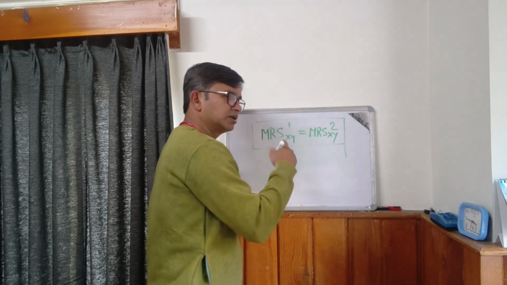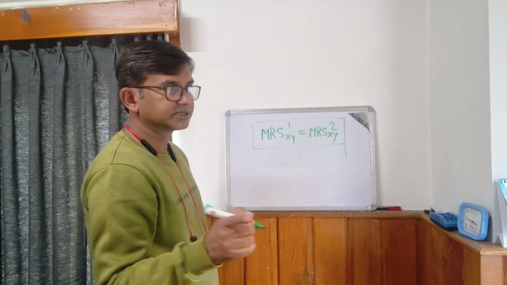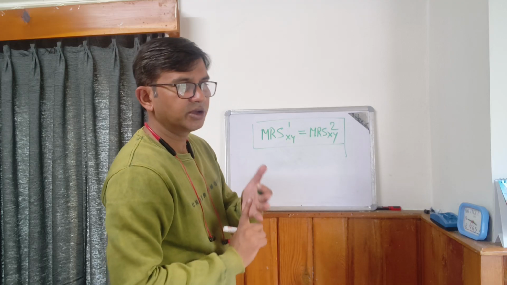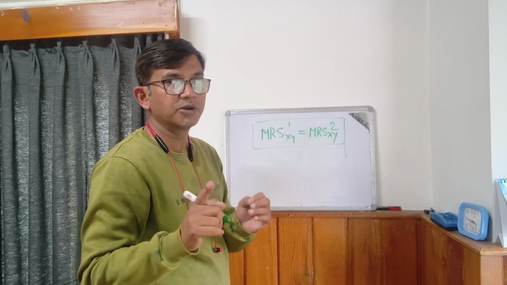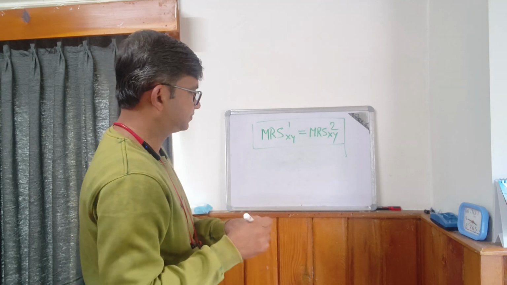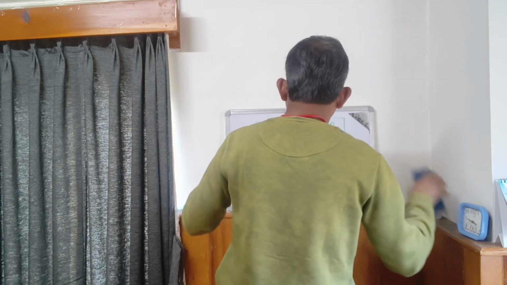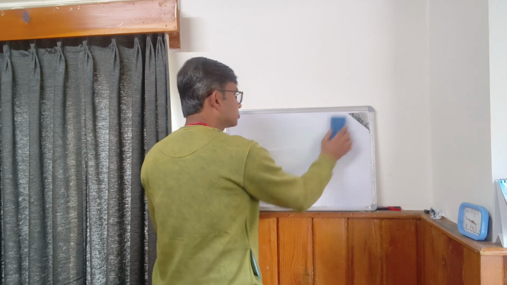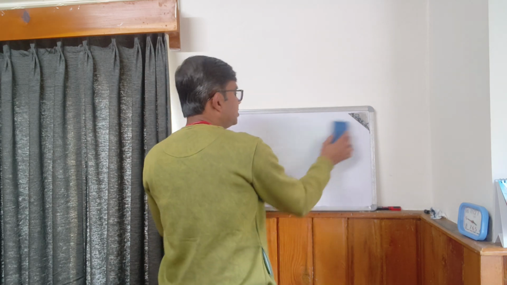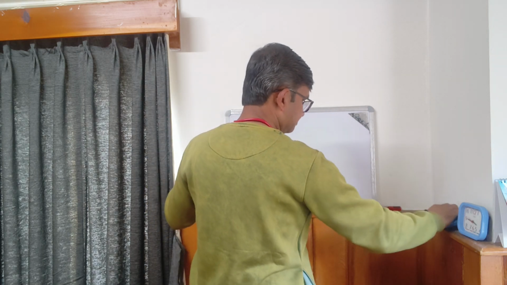That indicates the tangency point between the indifference curves of two different consumers. So from here we can draw the consumption possibility locus of a society in a two commodity, two individual space.